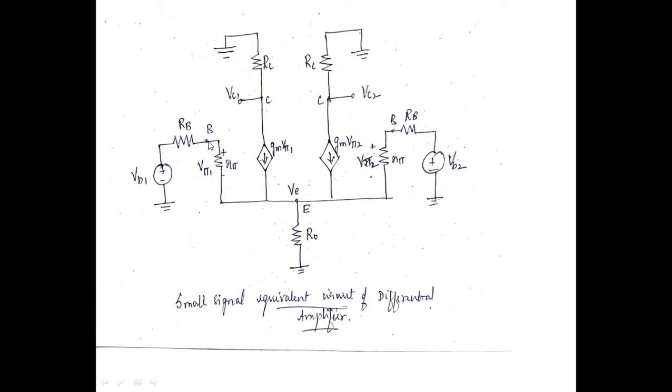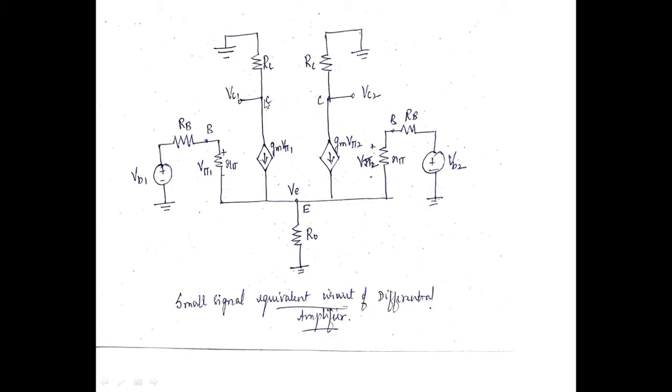Between the base and emitter terminals of Q1, we have a resistor R pi, and the voltage across the resistor is V pi 1. Between the base and emitter of transistor Q2, it's replaced by the resistor R pi with V pi 2. From the collector to emitter terminals, we have current sources Gm V pi 1 and Gm V pi 2. And we are going to take the output across the collector terminals.